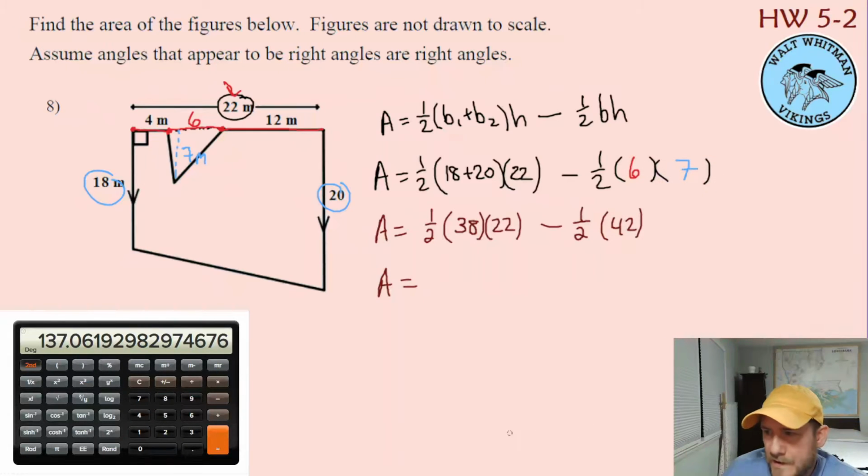All right. So to calculate, we're going to clear everything. Sure, let's just do 38 times 22. We've got the calculator, right? So 38 times 22 is a big number, and then we're just dividing by 2, so just do that. So it's 418 apparently.